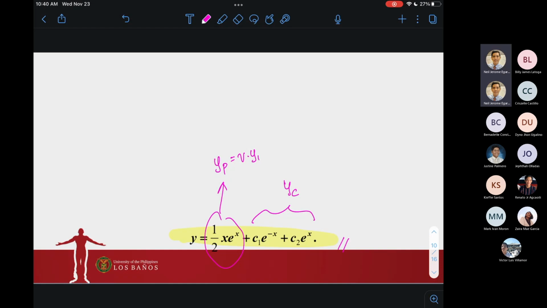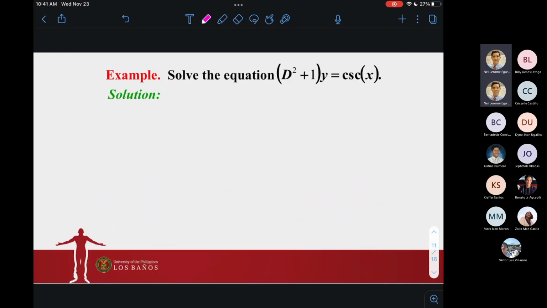All right. As I've mentioned, you could have used the method of undetermined coefficients here, the one that we discussed last meeting, right? Pero halimbawa, nandun na tayo sa next example na d squared plus 1 y equals cosecant x. Pag inattempt nyo yung method of undetermined coefficient, mas stuck kayo dun sa second step na paghahanap ng homogeneous GLDE na solution si cosecant x. Kasi wala tayong alam na GLDE with constant coefficients na nagbibigay sa atin ng solution na cosecant x.